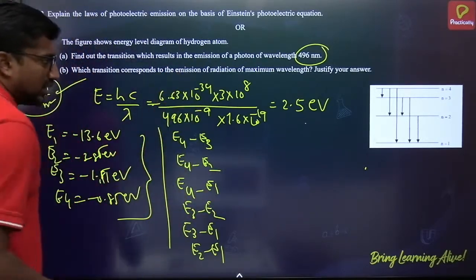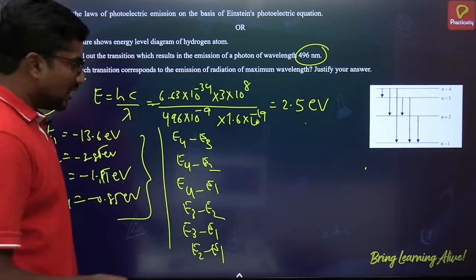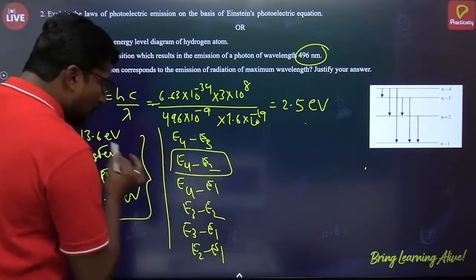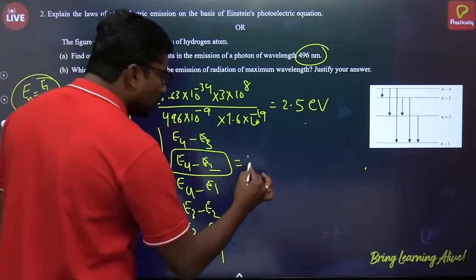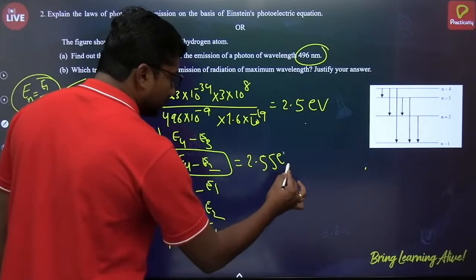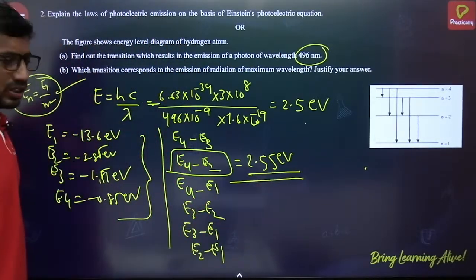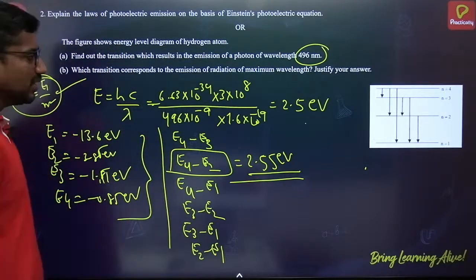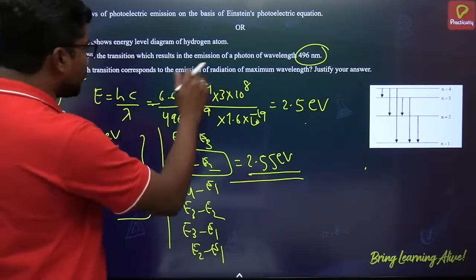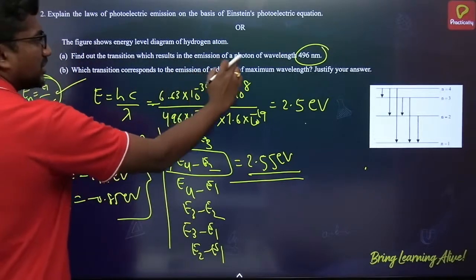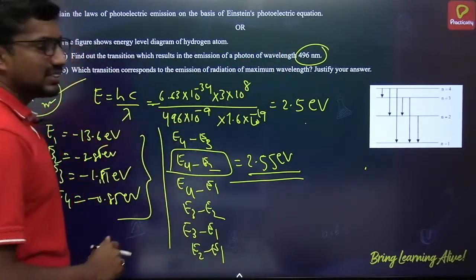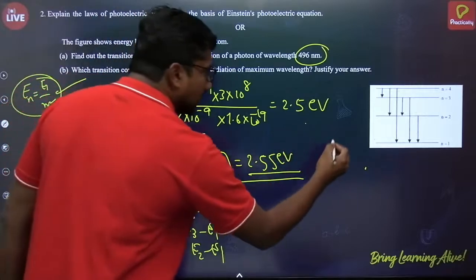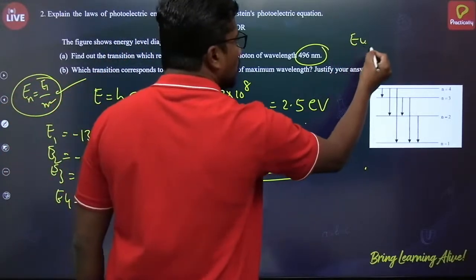In this question, after simplifying, the energy transition of E4 to E2 will become 2.55 electron volt. So in this particular question, the emission of a photon of wavelength 496 nanometer will be for the transition of E4 to E2.